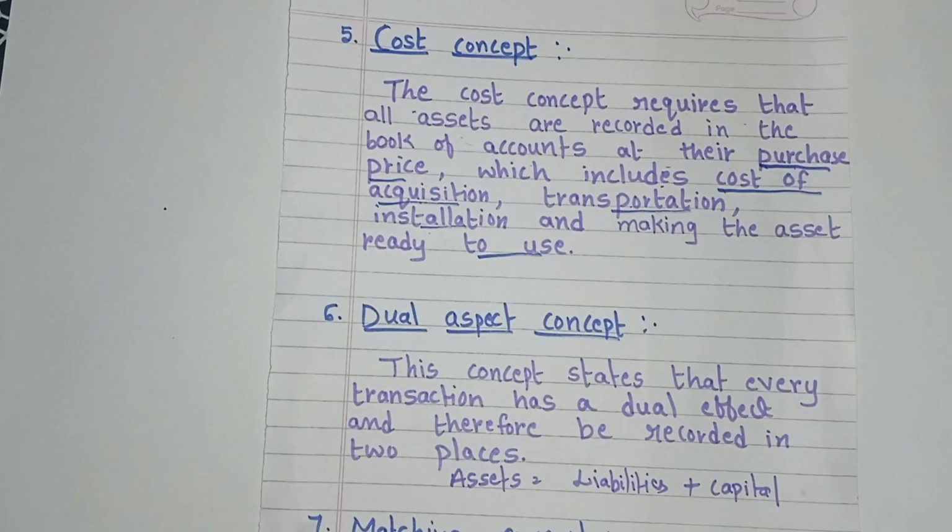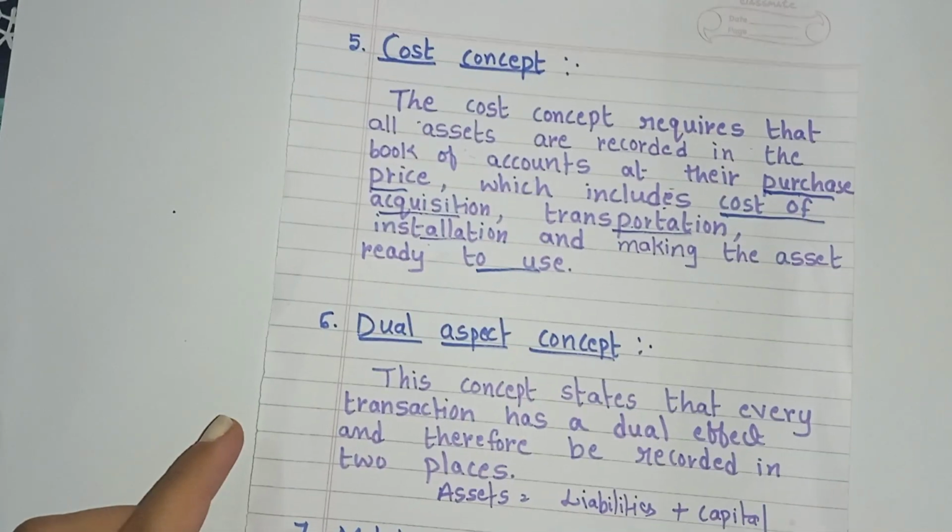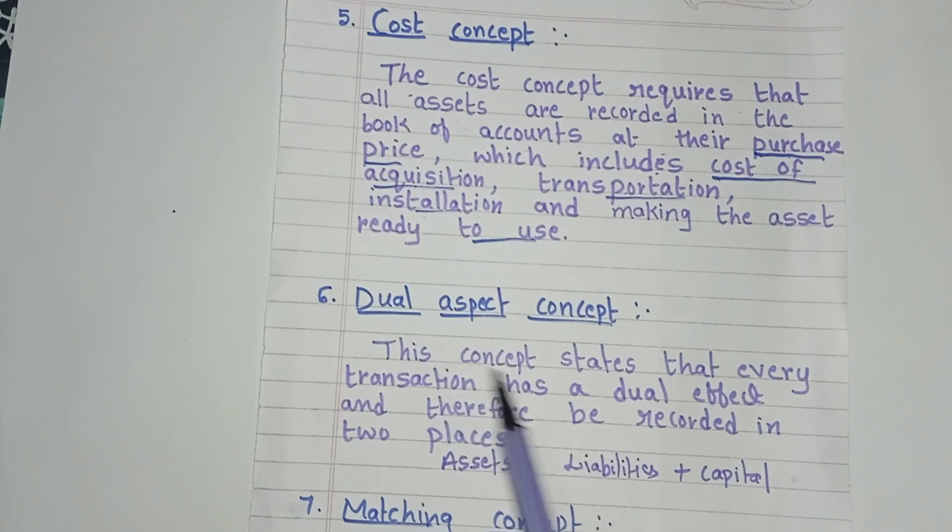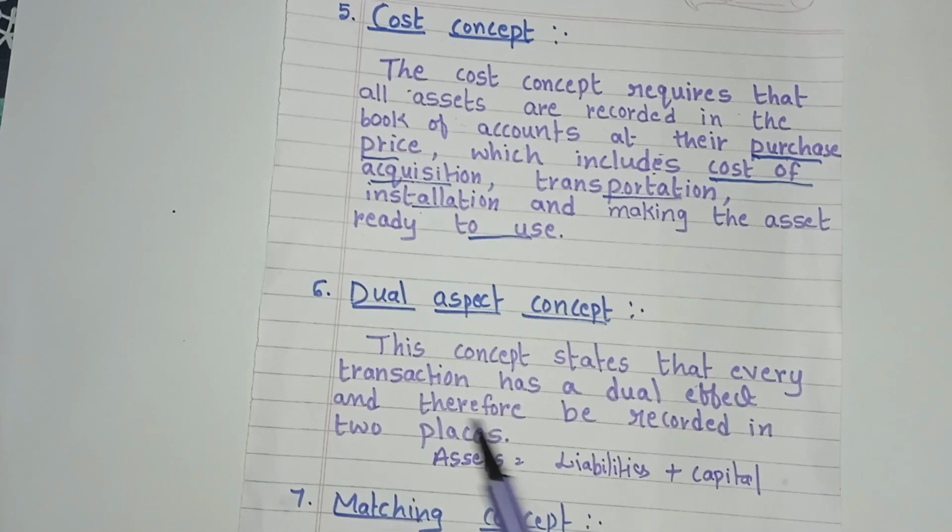Now we will move to the next one, that is dual aspect concept. This concept states that every transaction has a dual effect and therefore is recorded in two places. Here also I will explain this concept through one example.